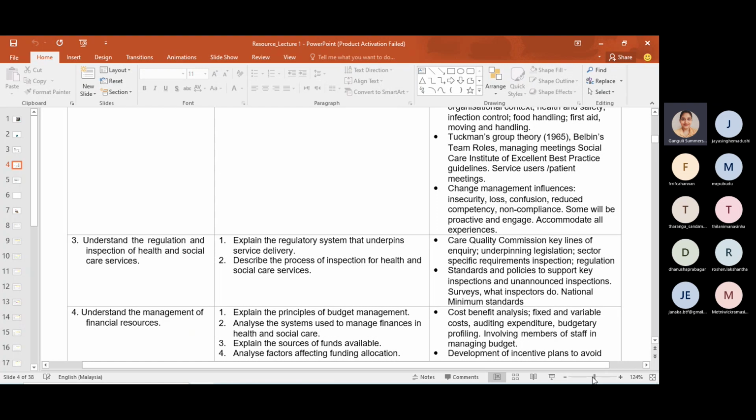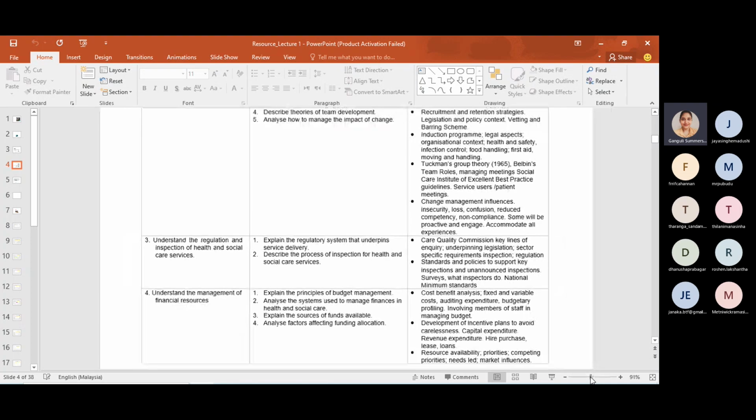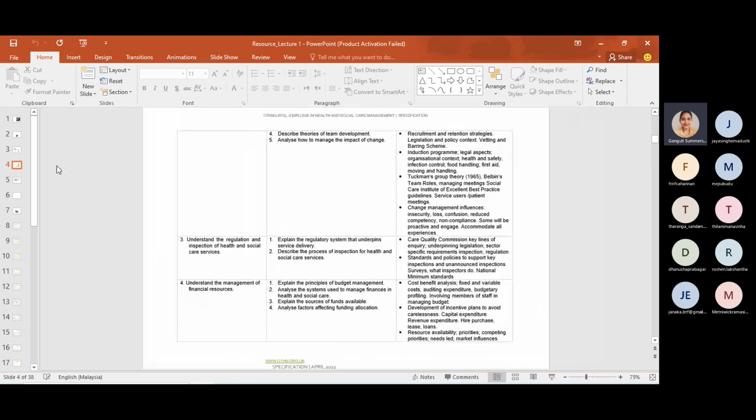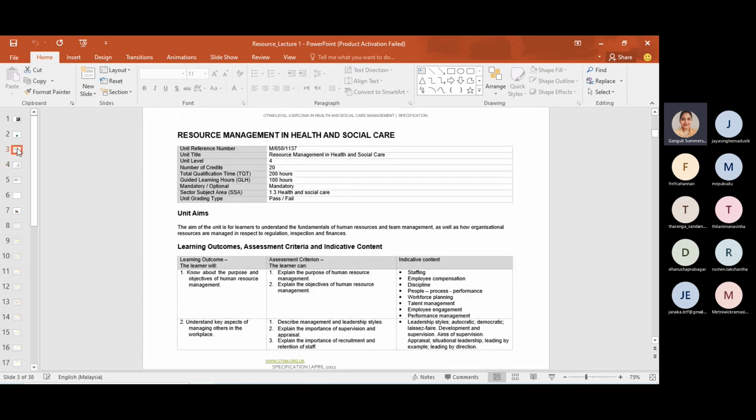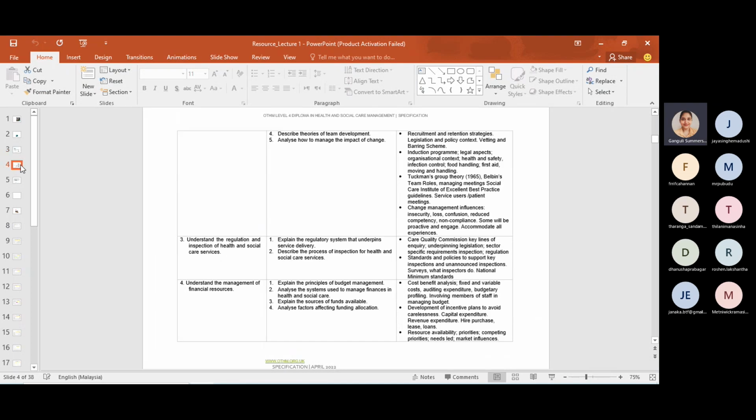So that's it about learning outcomes and assignment criteria. Altogether, there are 4 learning outcomes and 13 assignment criteria.